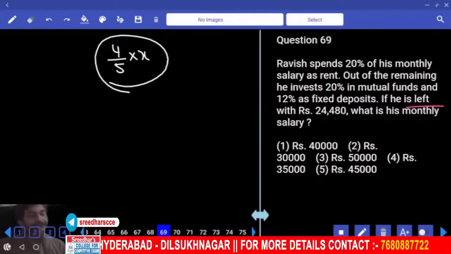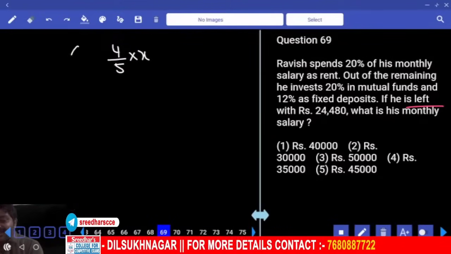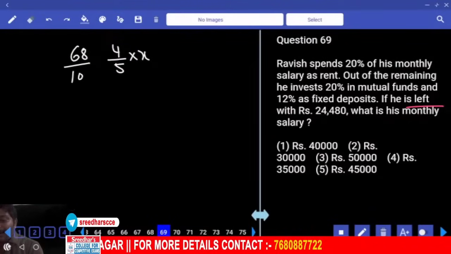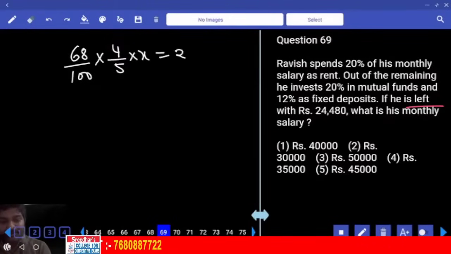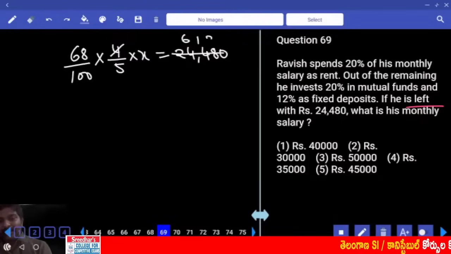Then the leftover will be 68% of the remaining. Agreed? Which is equal to 24,480. Cancellation with 4, 6, 1, 2, 0.